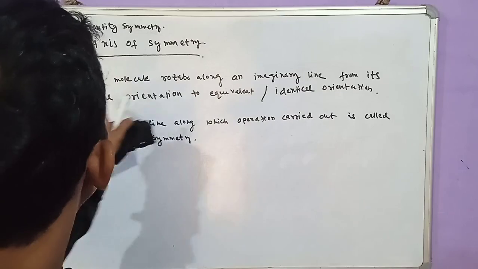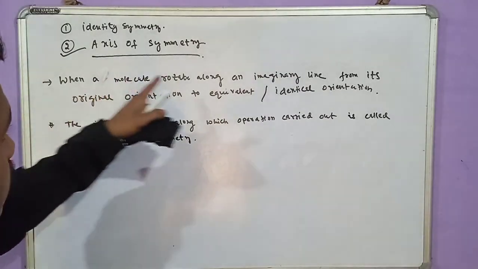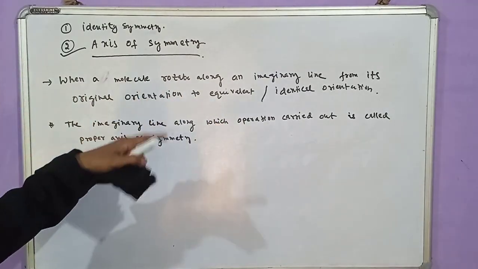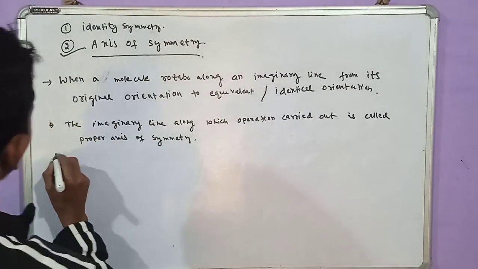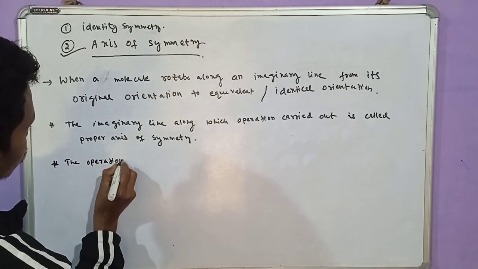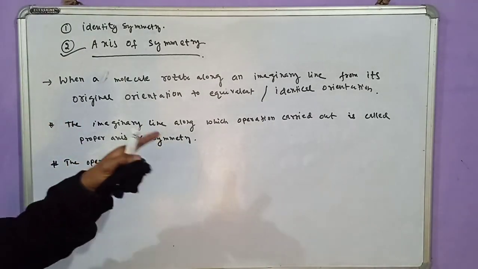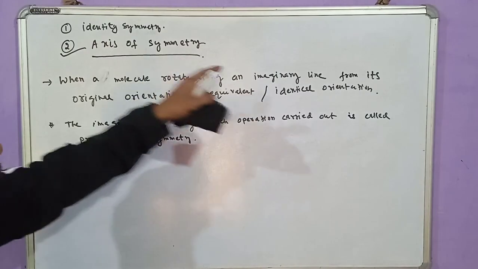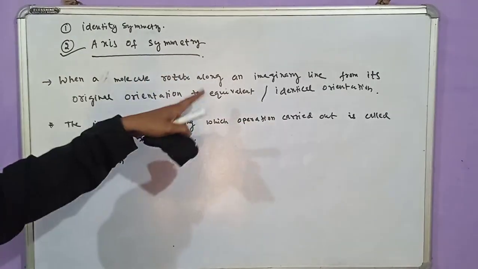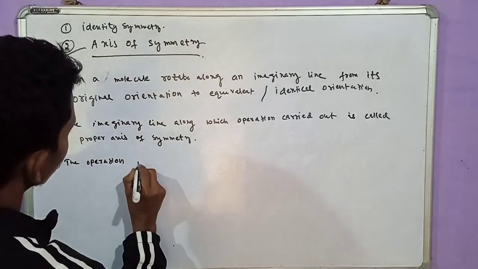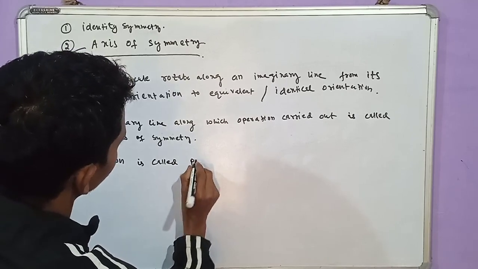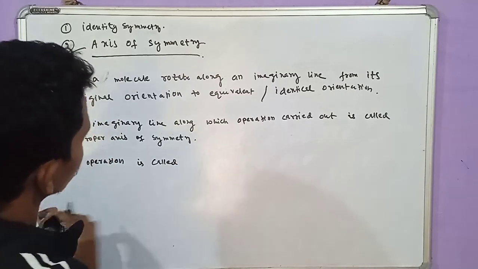The operation in which we rotate the molecule from the original orientation to an equivalent orientation with respect to an imaginary line is called the axis of rotation.